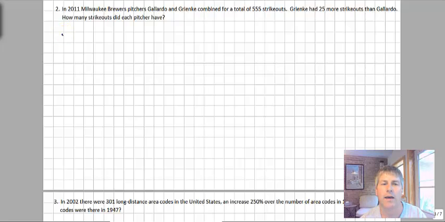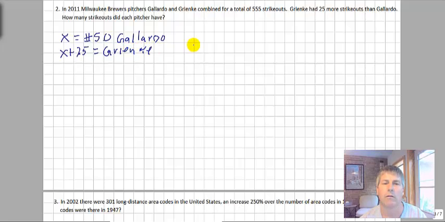So let's let x equal the number of strikeouts for Gallardo. So if Greinke had 25 more than Gallardo, that must mean x plus 25. That would be Greinke's strikeouts, wouldn't it? So x is Gallardo's.